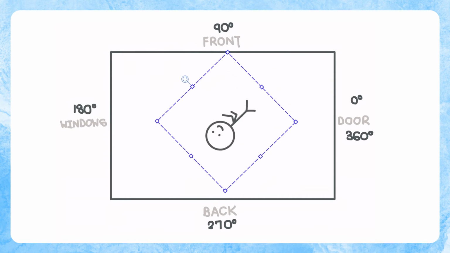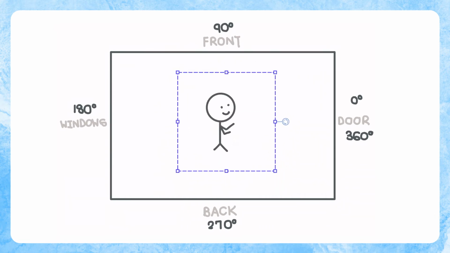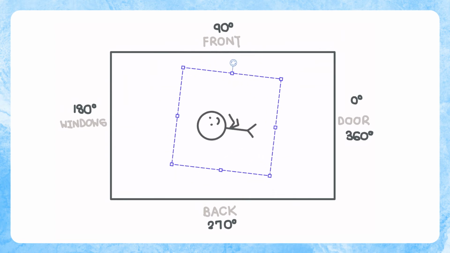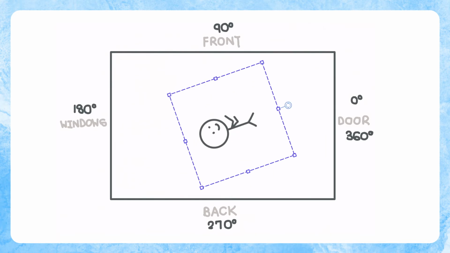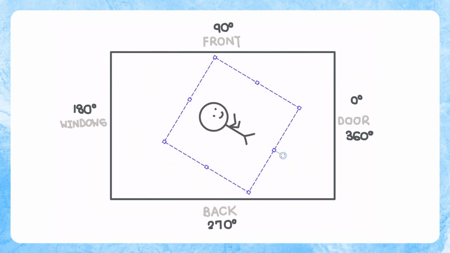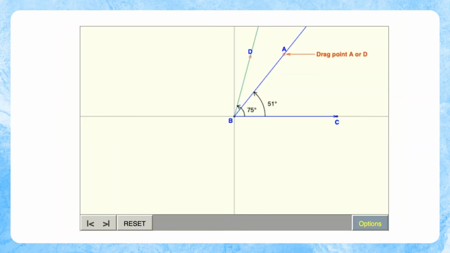Let's say I go the other way, but I still end up facing the front. As long as I end up facing the front, that means I'm coterminal no matter how many times I turn around.